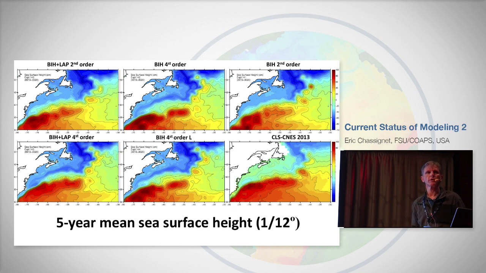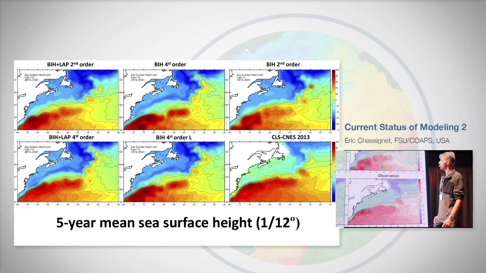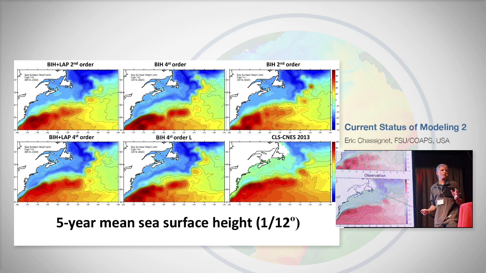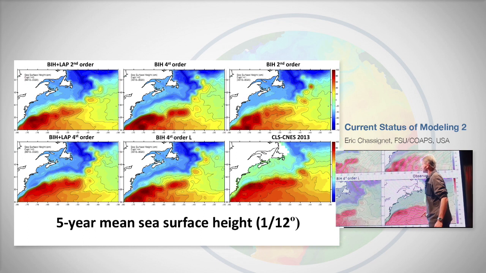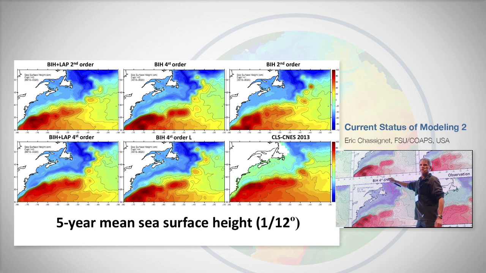That's what we've done in the past few months. We finished the runs a few days ago. We did a series of 1/12 degree. We have not been able to afford to go to 1/25, 1/50 yet. On the top left is a classic 1/12 degree.